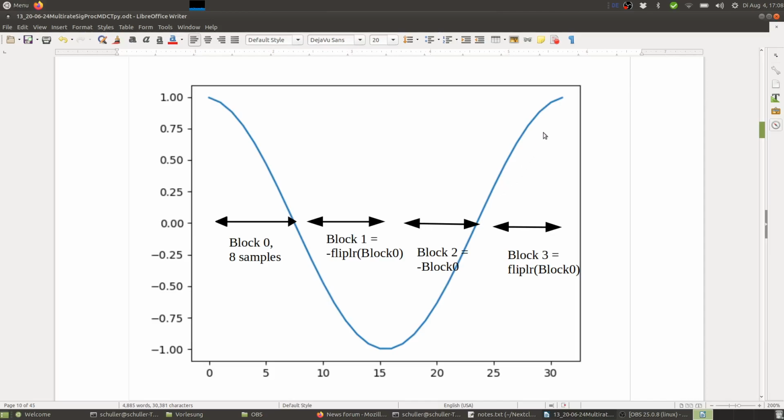And then the last one here, the last 8 samples, is basically this first block flipped. So here this is mirrored, and then we have this shape here. So basically you can build this entire function from the first block of 8 samples using sign change and flipping. So that's convenient.